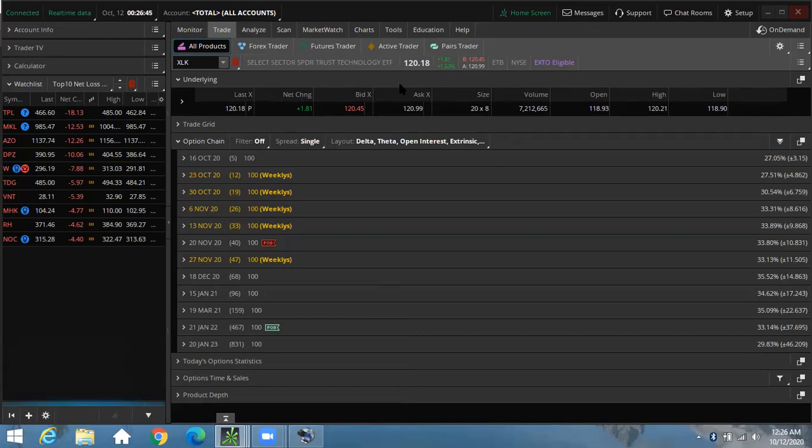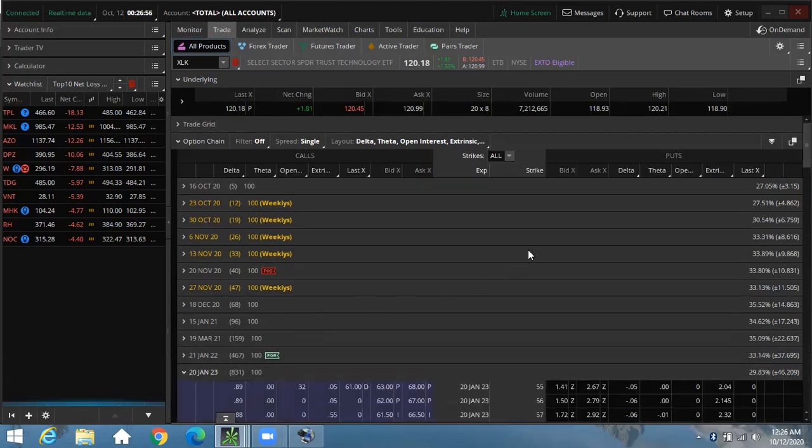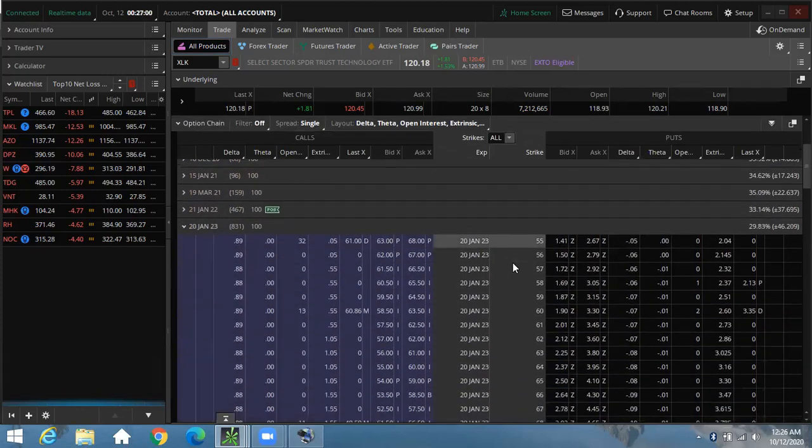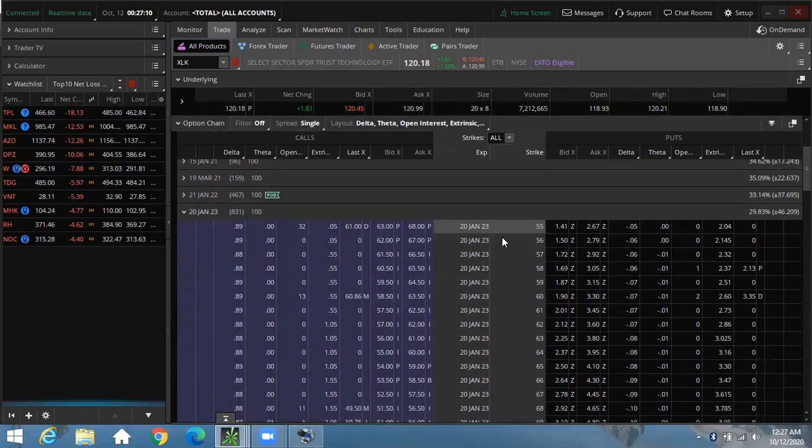So in this case, if you bought a call option out in time for this XLK ETF with an expected move of $46, that would put you around $160.